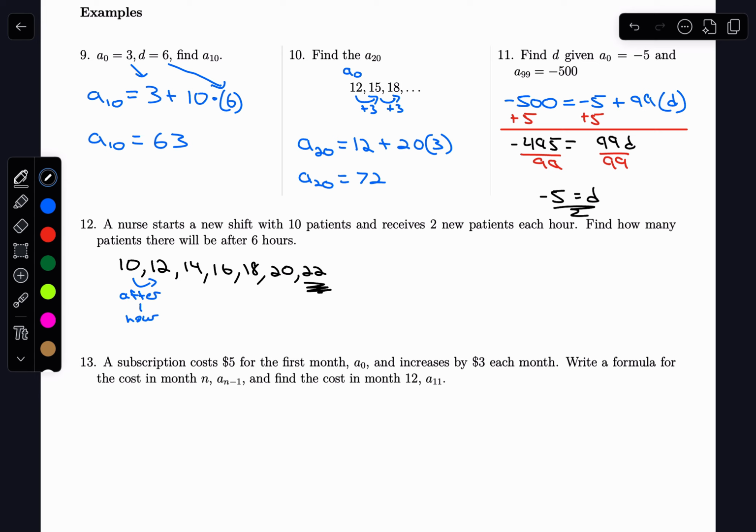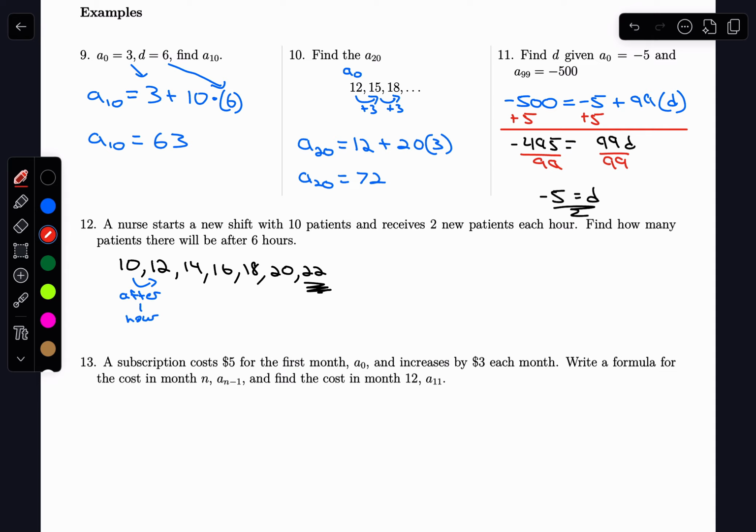But let's just real quick think of this in terms of sequence now. Let's pretend that we didn't want to write it out, or even better, let's pretend that it didn't say after 6 hours, pretend it said after 600 hours. So it would be way too much work to write this all out. So let's think about how many times did we add that common difference.